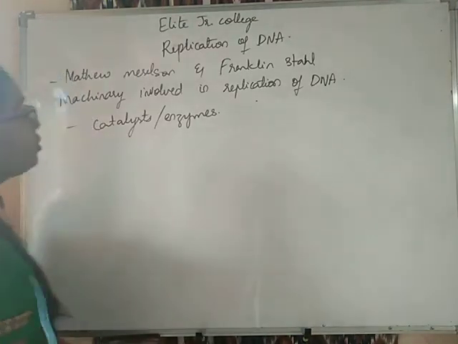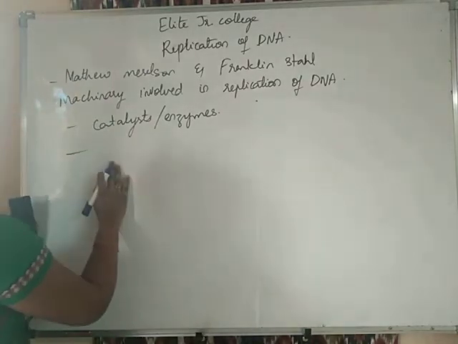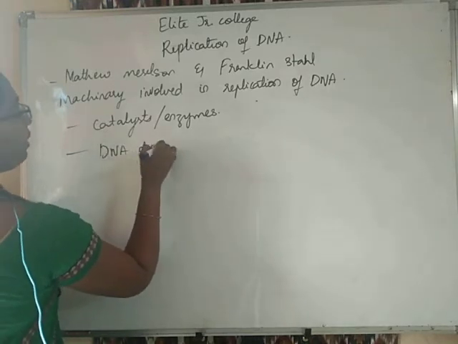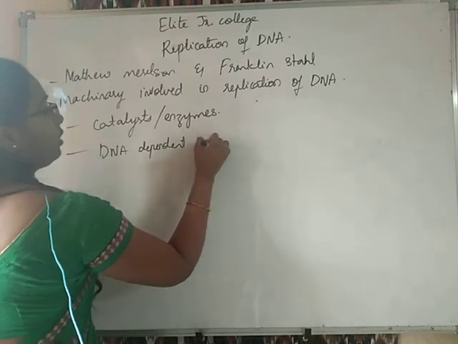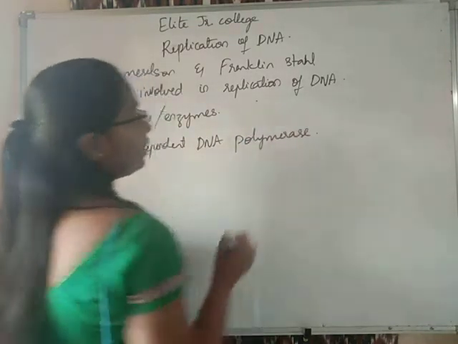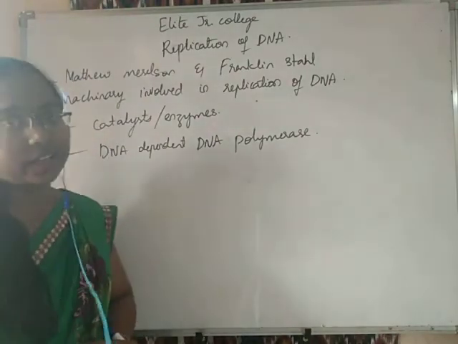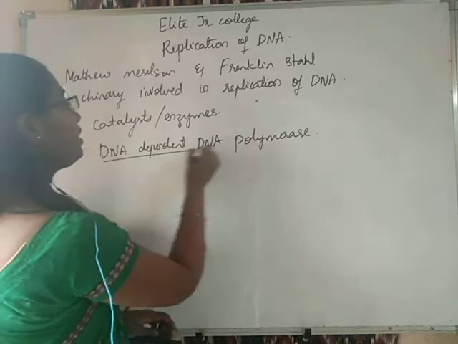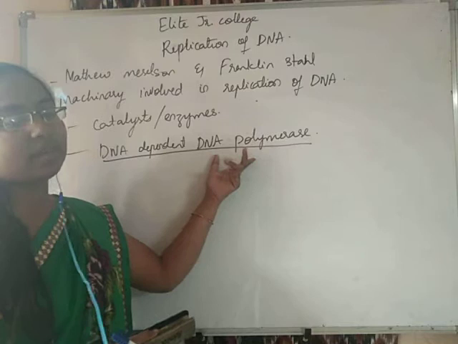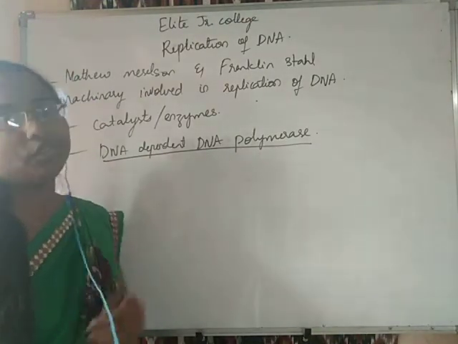One of the main enzymes involved in the replication of DNA is DNA-dependent DNA polymerase. This is the main enzyme involved in replication of DNA. DNA-dependent DNA polymerase means that this enzyme is dependent on the DNA strand for the production of new DNA.